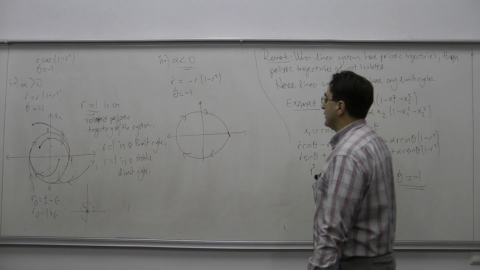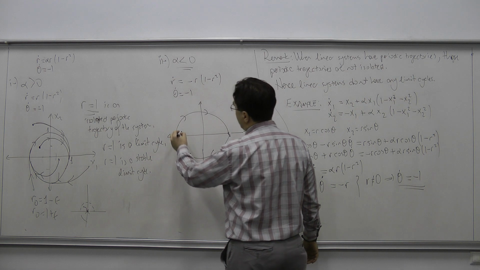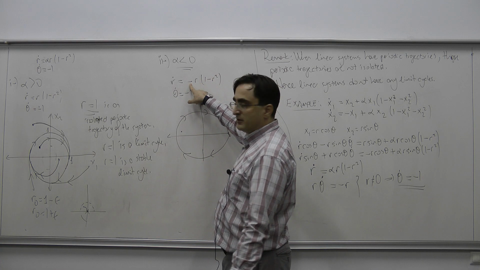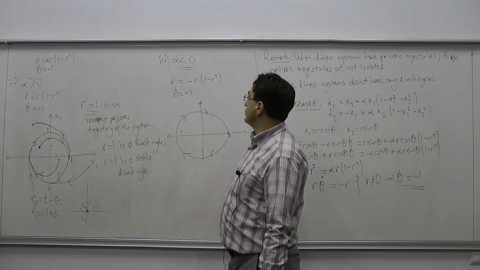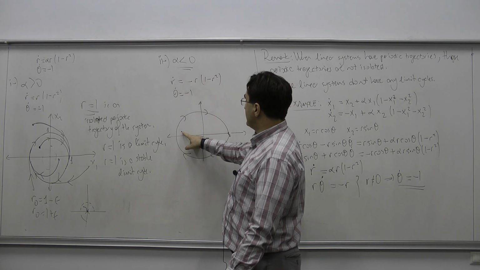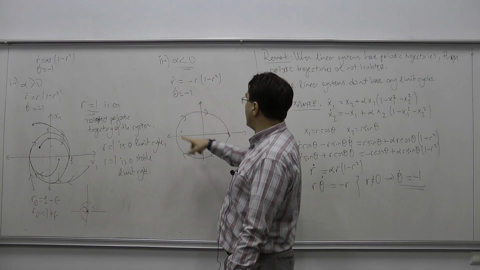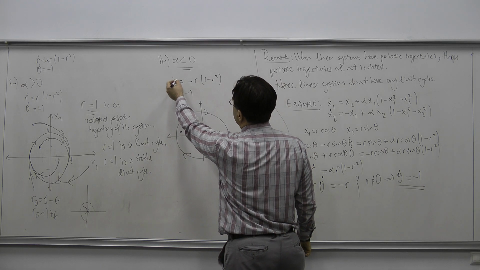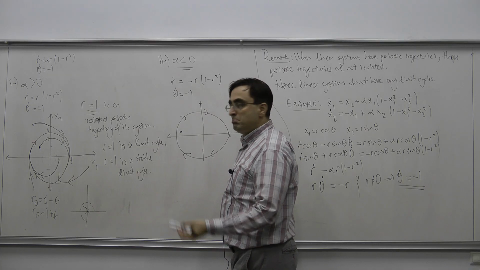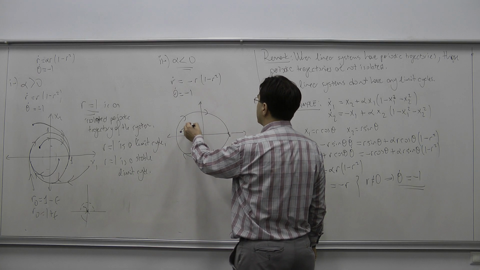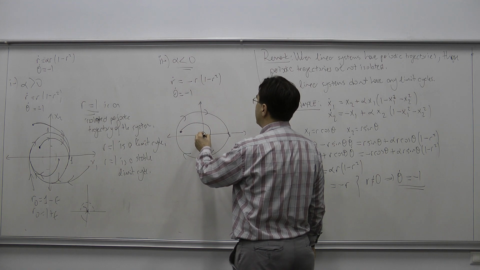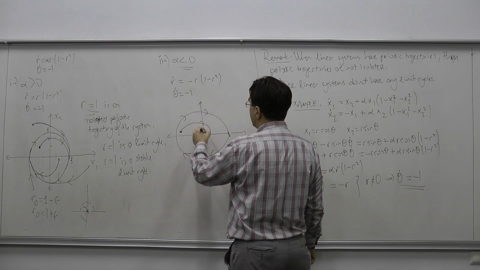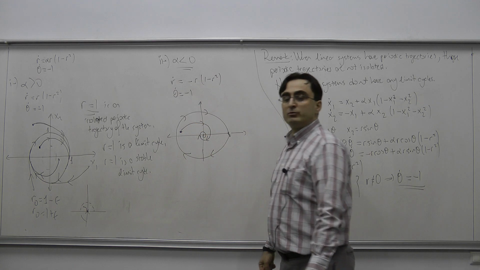r equals 1 is still a periodic trajectory, but what happens if r is smaller than 1? If r is smaller than 1, this is positive, but there is a minus 1 here now, so r dot is going to be negative. So when we start the trajectories inside this r equals 1 circle, r dot is a negative quantity, meaning that the trajectories are going to get away from the limit cycle, and actually you can show that they are going to converge to the equilibrium point.